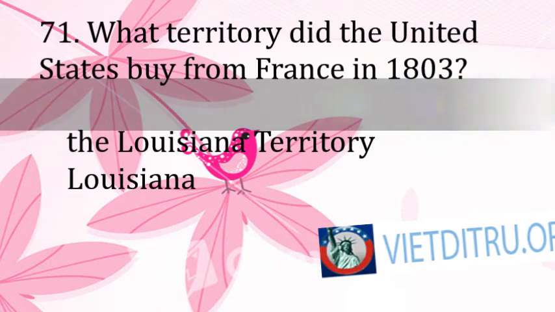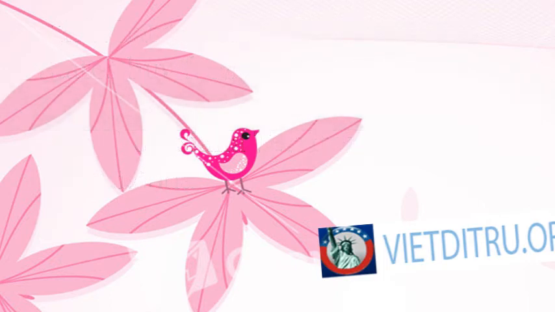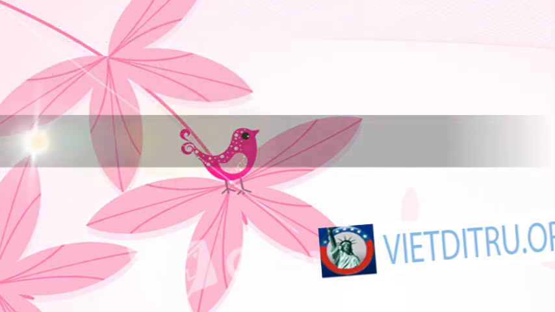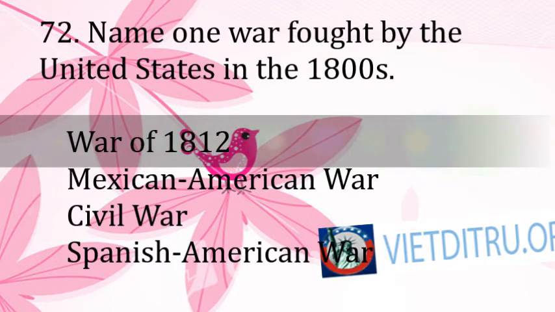What territory did the United States buy from France in 1803? The Louisiana Territory. Louisiana. Name one war fought by the United States in the 1800s. War of 1812. Mexican-American War. Civil War.